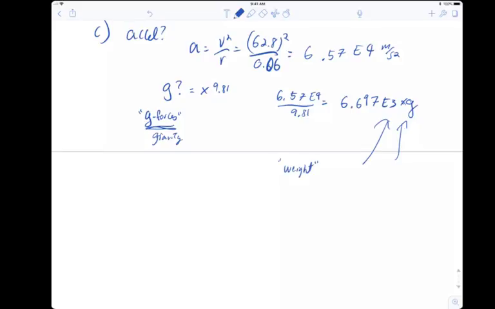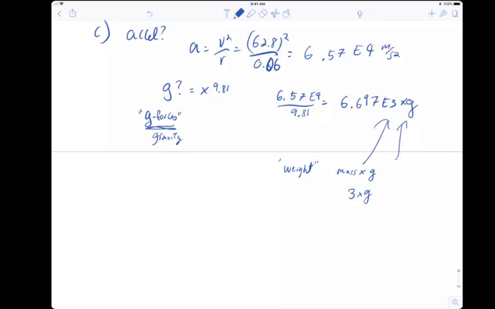In an accelerating reference frame, the idea here is that your weight is essentially your mass times G. So if you know how many G's you are pulling, quote unquote, so if your acceleration is 3 G's, it means that your body feels 3 times heavier than it should. If your acceleration is 9 G's, then 9 times heavier.